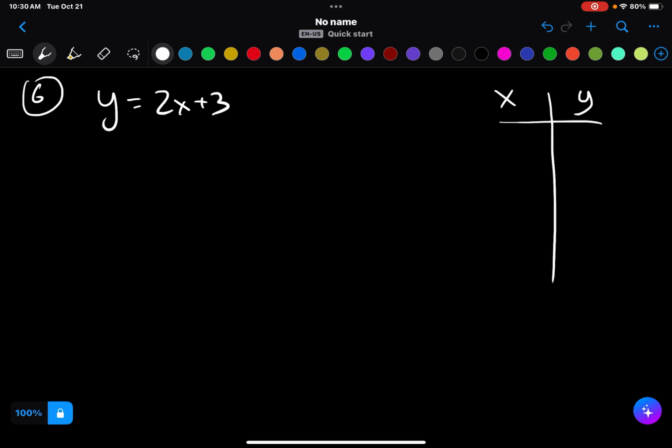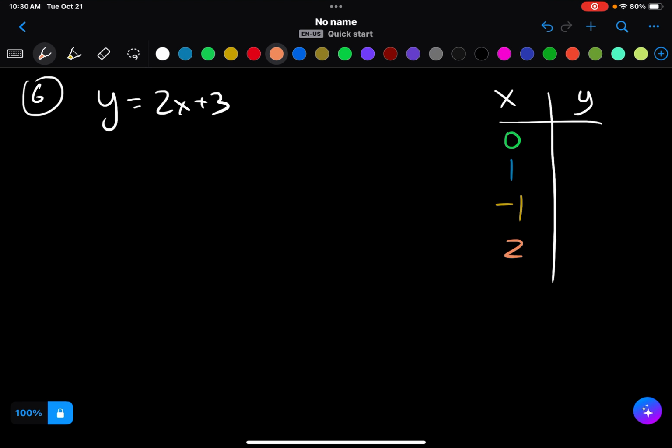I am going to plug in numbers for the x. I like to pick 4 numbers, which is 0, 1, negative 1, and then 2. I do 4 numbers, but you only need to do 3.